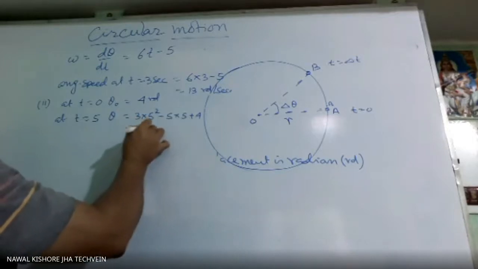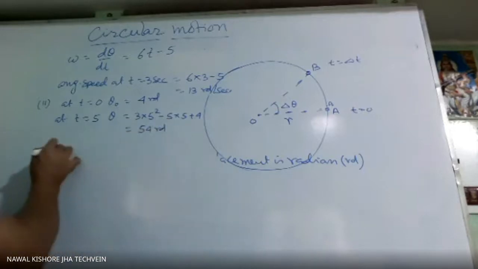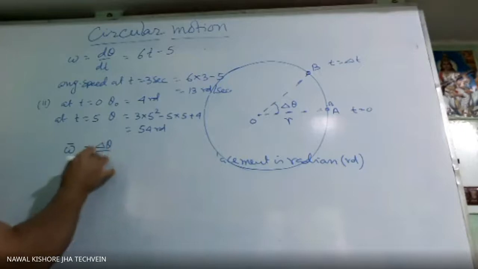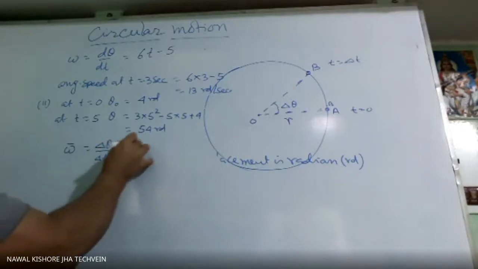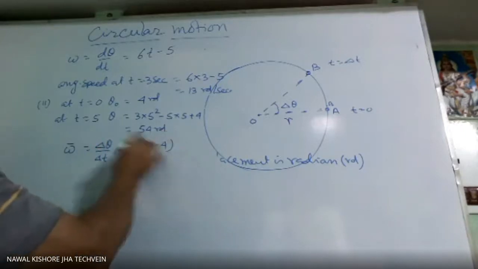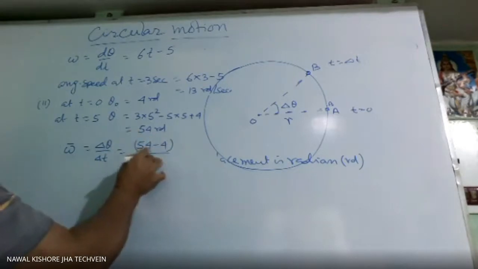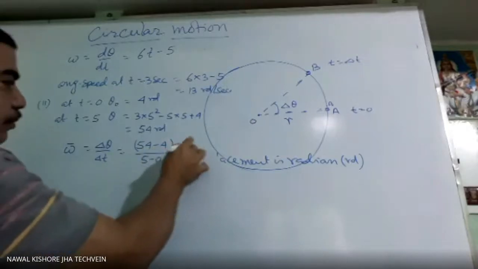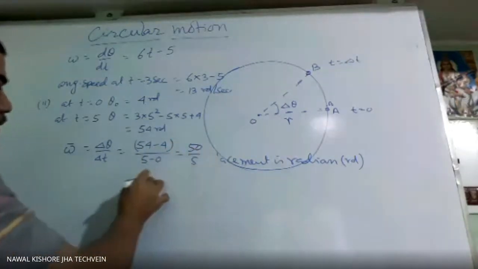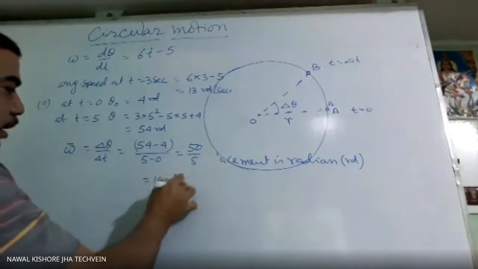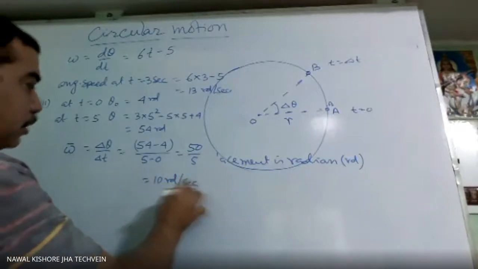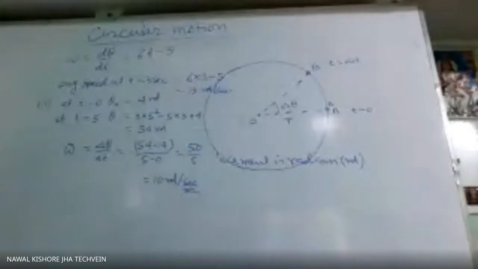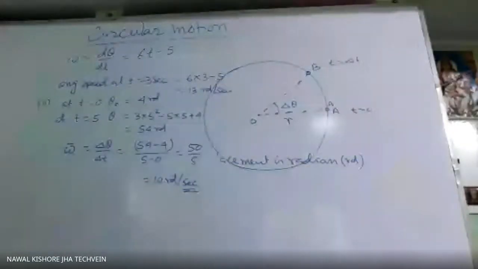Now the average speed is delta theta over delta t. So 54 minus 4, and time is 5 minus 0, 5 seconds. So 50 by 5, that is 10 radian per second. So this is how you find average speed and instantaneous speed.